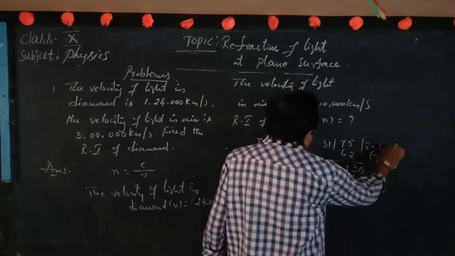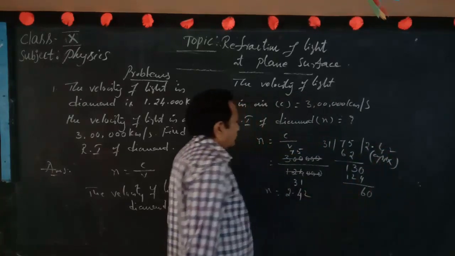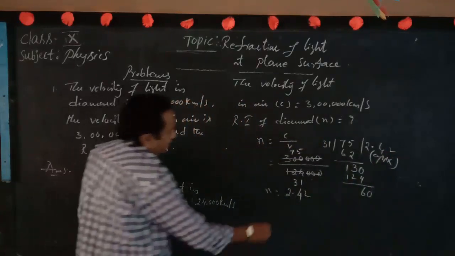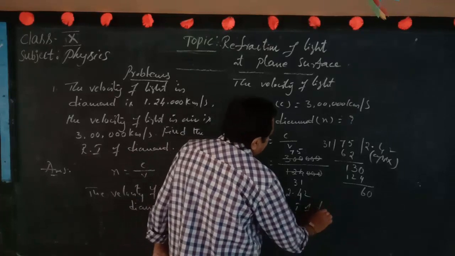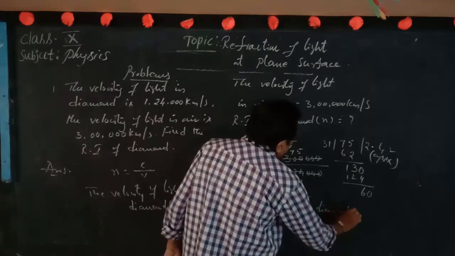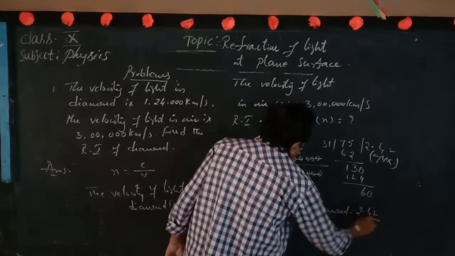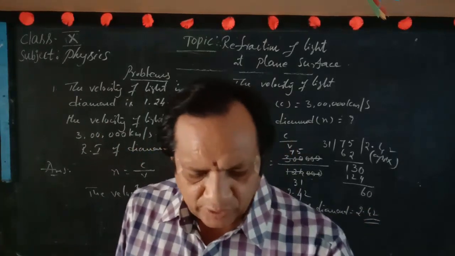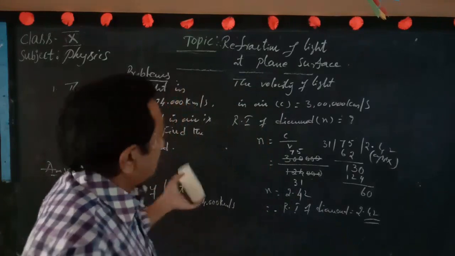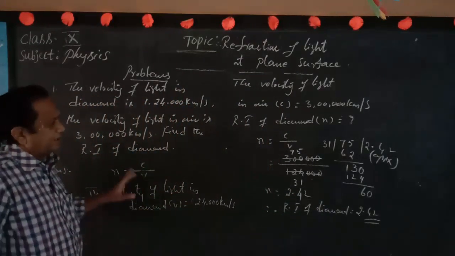Already the point is there, 2, right? So refractive index of diamond, therefore, write the conclusion: refractive index of diamond is equal to 2.42. No units for this, remember that. No need to write any unit because refractive index does not have any unit.